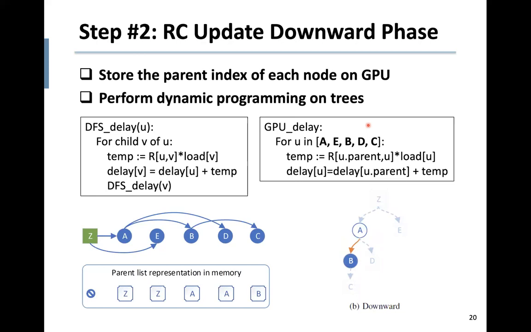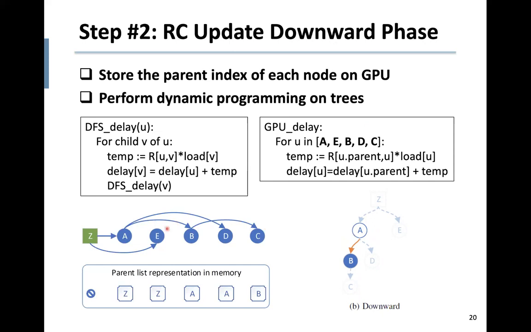Similarly, once we have cumulative loads ready at each node, we can do the same thing to compute a delay based on the cumulative load value. But this time, we start from the top level to the bottom level. Essentially, you can already guess, we just need to traverse the sequence in a different direction.